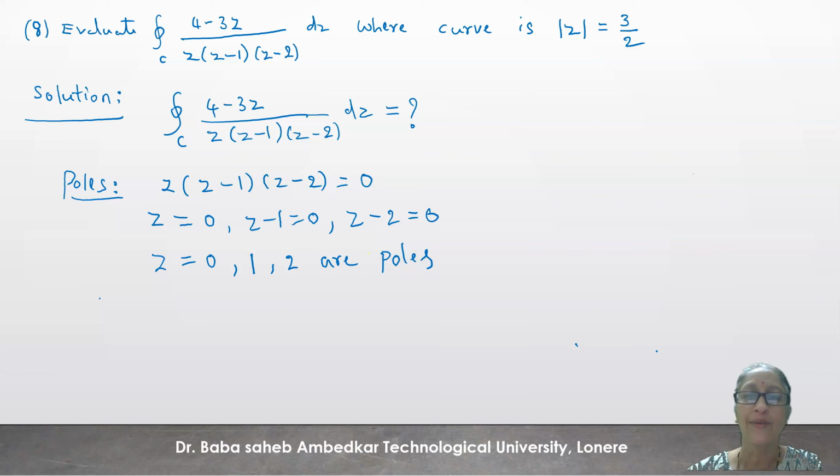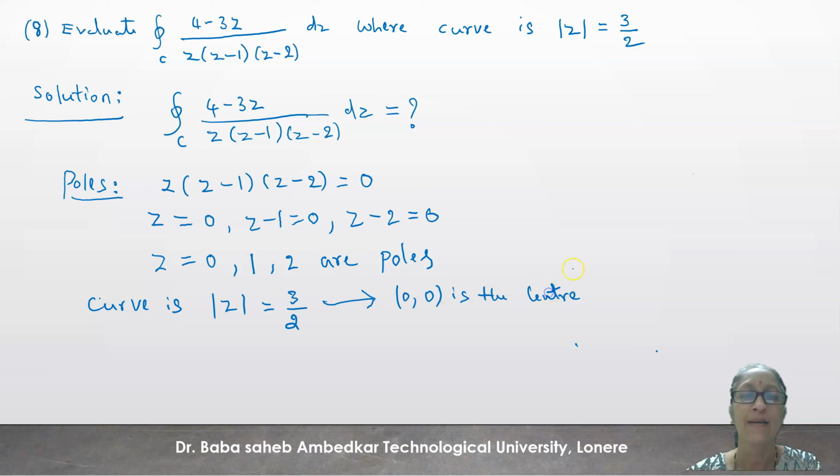Now the given curve is mod z equal to 3 by 2. What does it mean? Mod z equal to 3 by 2 means the center is 0, 0 and the radius is 3 by 2, that means 1.5.